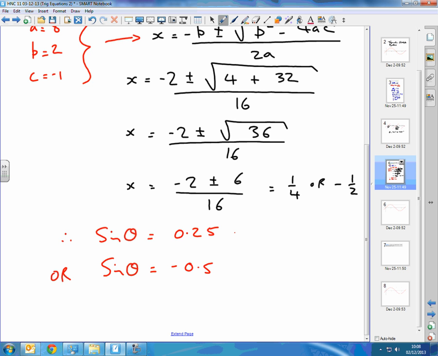So therefore theta is the inverse sine of 0.25, or theta is the inverse sine of minus a half.